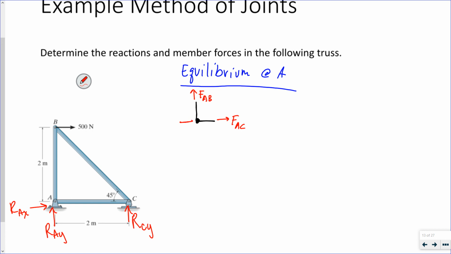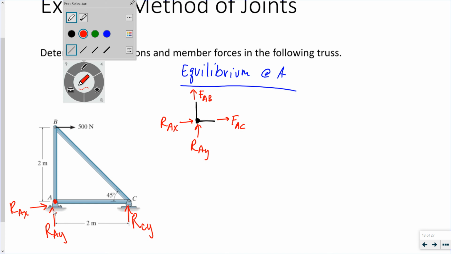I have a reaction in the X direction and a reaction in the Y direction at A. Right? Just looking at this one right here.